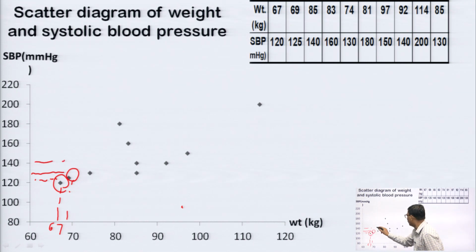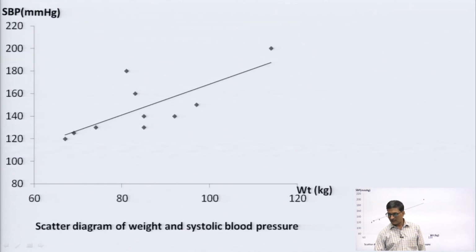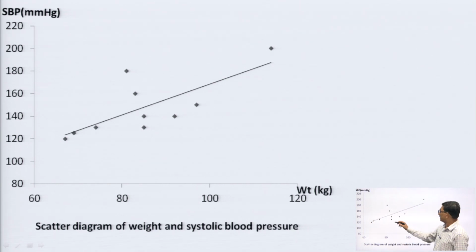So, 140 is roughly here and 85 is here. So, this is the third point to represent the values 85 and 140. Now we draw all the points and this is the scatter diagram of the weight and systolic blood pressure. And if we draw a best fitted line for this data, this line moves upwards in direction.